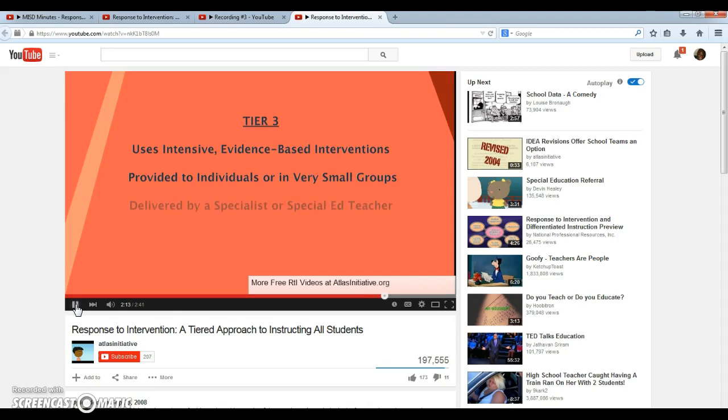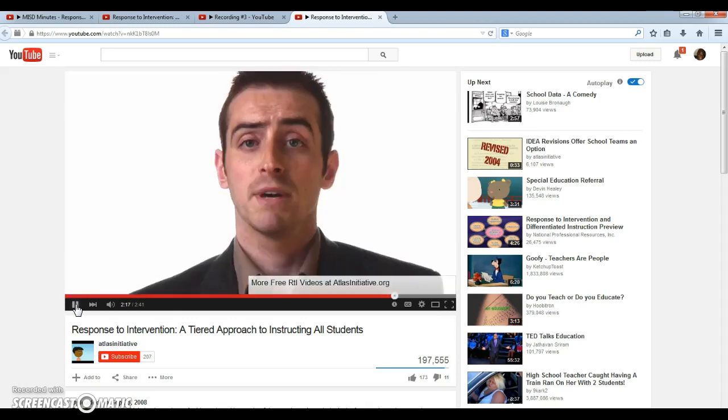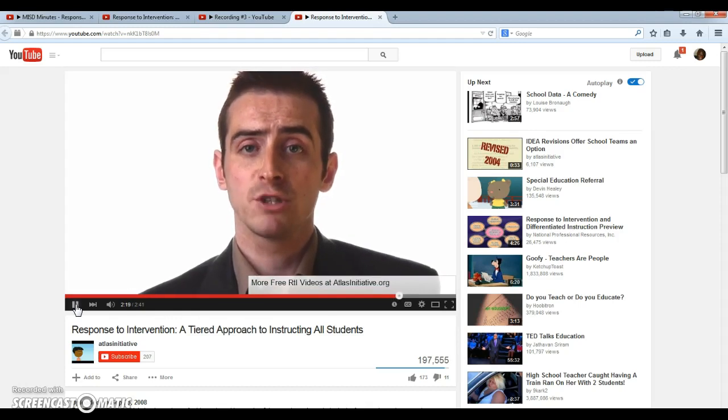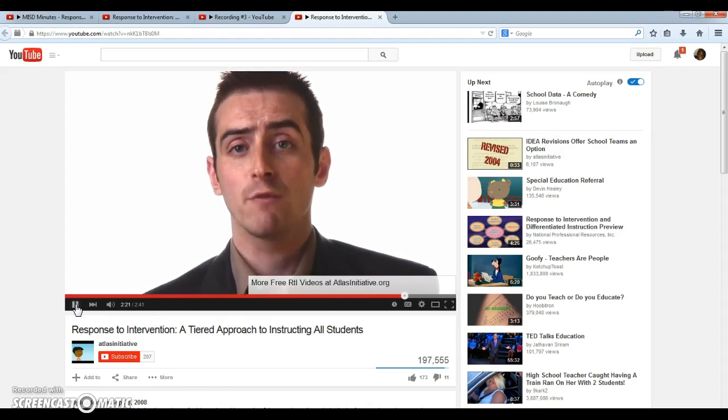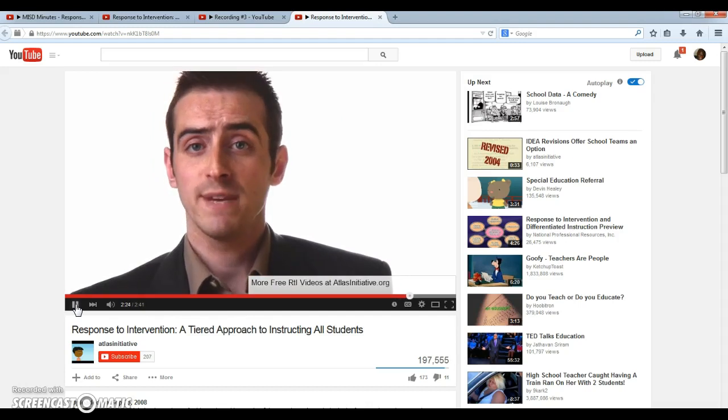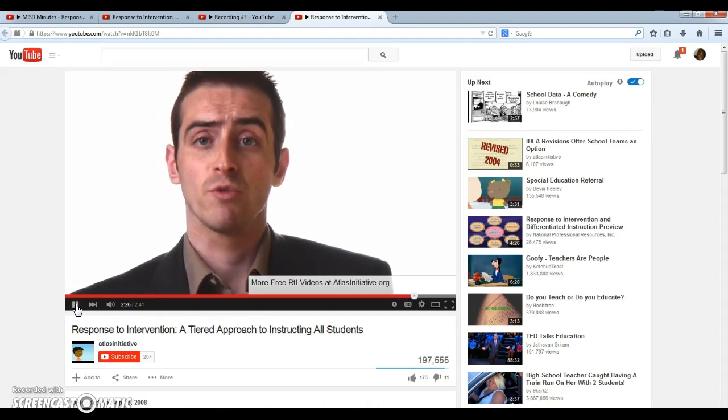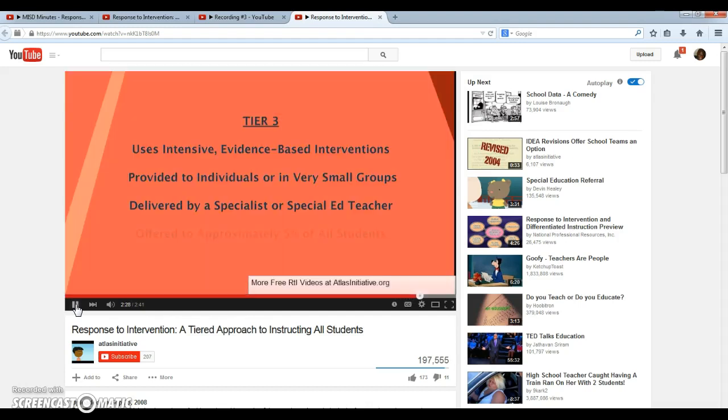Interventions in Tier 3 may be delivered by an intervention specialist or even a special education teacher. But again, these interventions supplement the instruction provided at Tier 1, not replace it, and students do not have to be identified as disabled in order to receive these interventions. Only about 5% of all students will require these intensive Tier 3 interventions. Of these students, only a portion may go on to require special ed services.